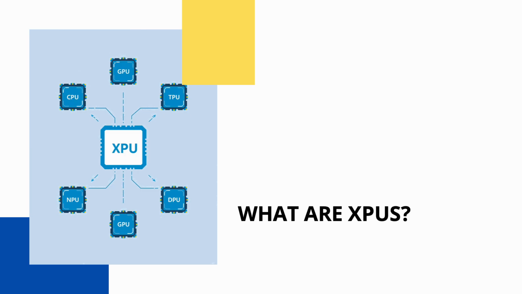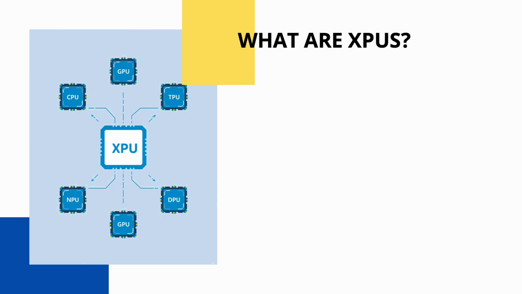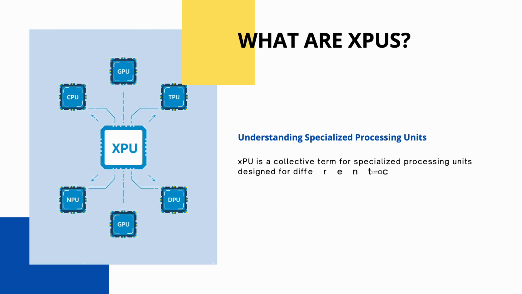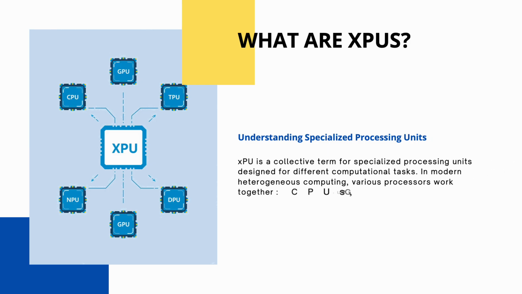So to start with, what are xPUs? xPU is a collective term for specialized processing units designed for different computational tasks. In modern heterogeneous computing, various processors work together in order to handle specific workloads efficiently. And that's what we are going to talk about today.